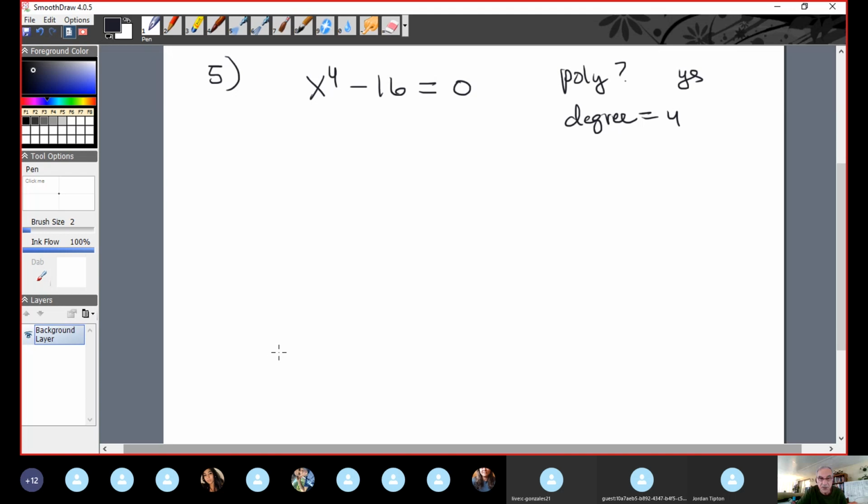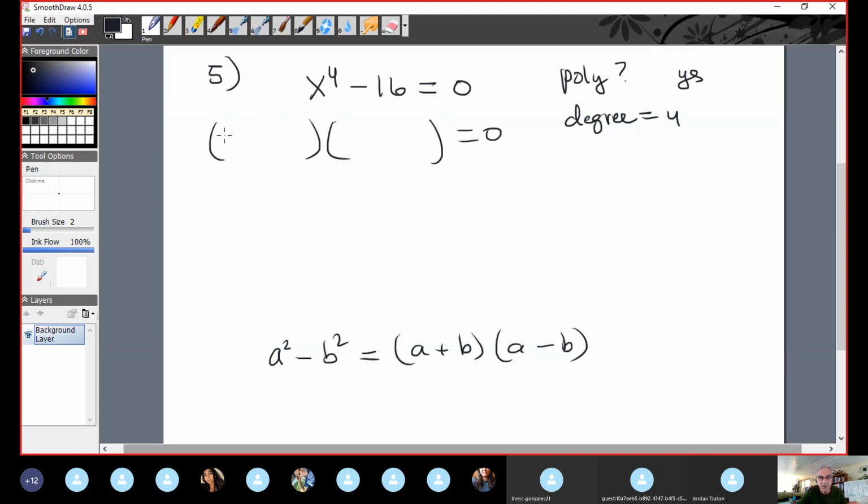So one more time we use this formula, and it's valid not only when the exponent is 2. If it's 4, it's also valid, but of course with the square root. So you separate in 2 parentheses. The square root of this term is x squared, and the square root of this term is 4, and you separate by plus and minus. Correct? I use this formula one more time.